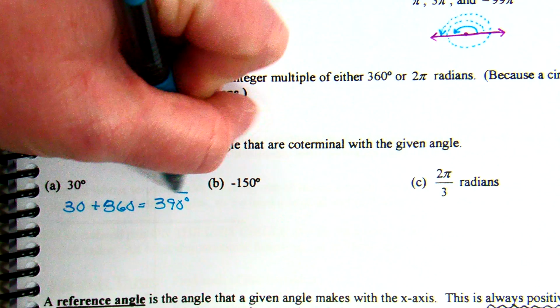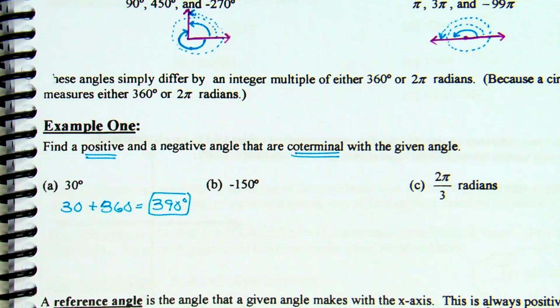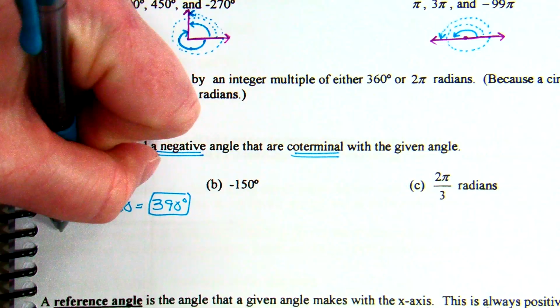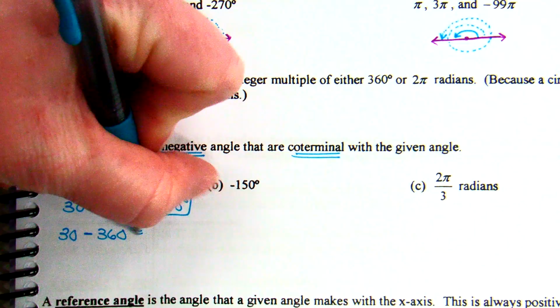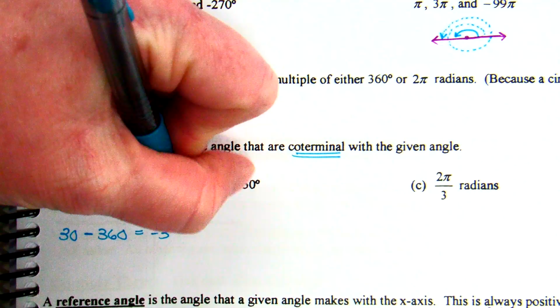And that is a positive coterminal angle. Yep. In order to get your negative, you're going to take 30 and you're going to subtract 360. Because you can add or subtract 360 as many times as you want. 30 minus 360 is negative 330 degrees.